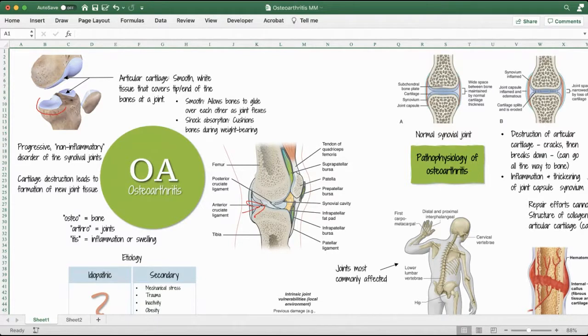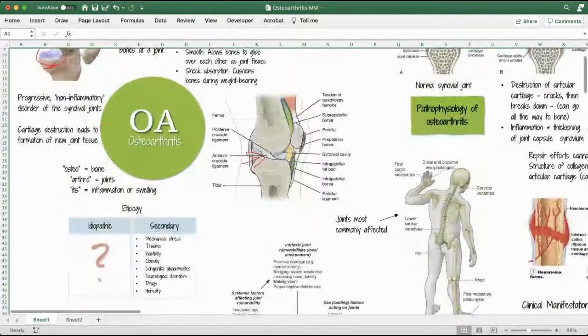It makes the joint move much more smoothly and protects the bone underneath. So in osteoarthritis, that articular cartilage is what's breaking down. It's degrading and wearing out, and then causing some remodeling and so on. We'll go through that in a minute.